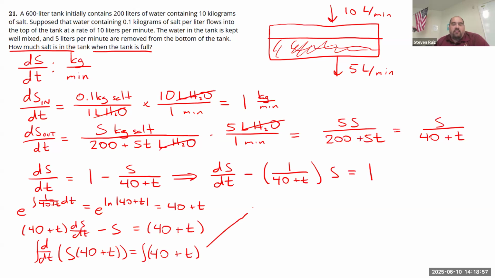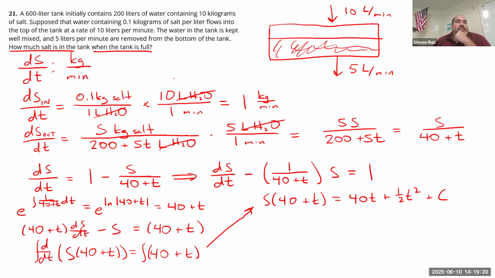And I get s times (40 plus t) equals the integral of 40 plus t, which is 40t plus 1/2 t squared plus C. And before I go further, I'm going to go ahead and figure out what C is.